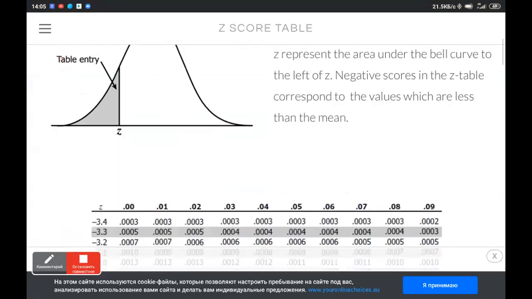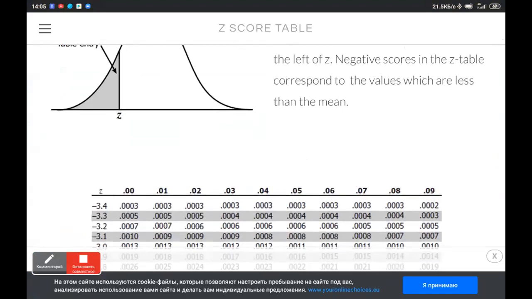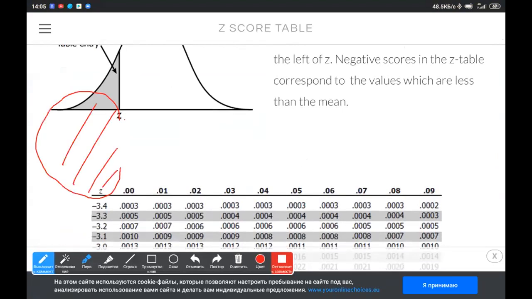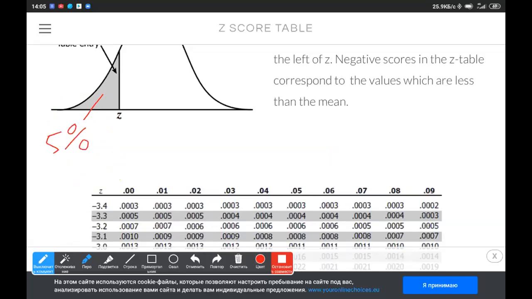And we know that we need 5% to be in this area.